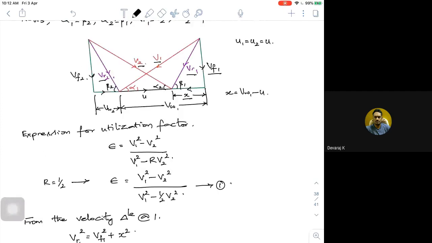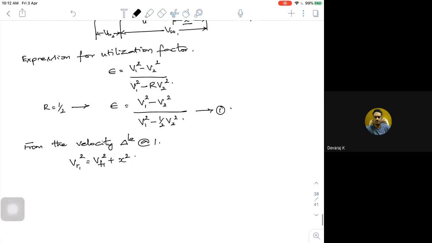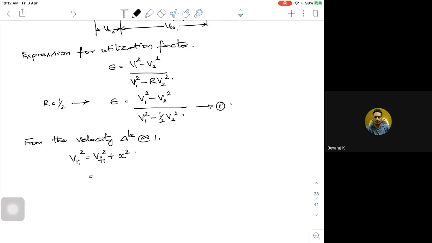What is x actually? Substituting for x, I can write VR1 square is equal to VF1 square plus VW1 minus U whole square.